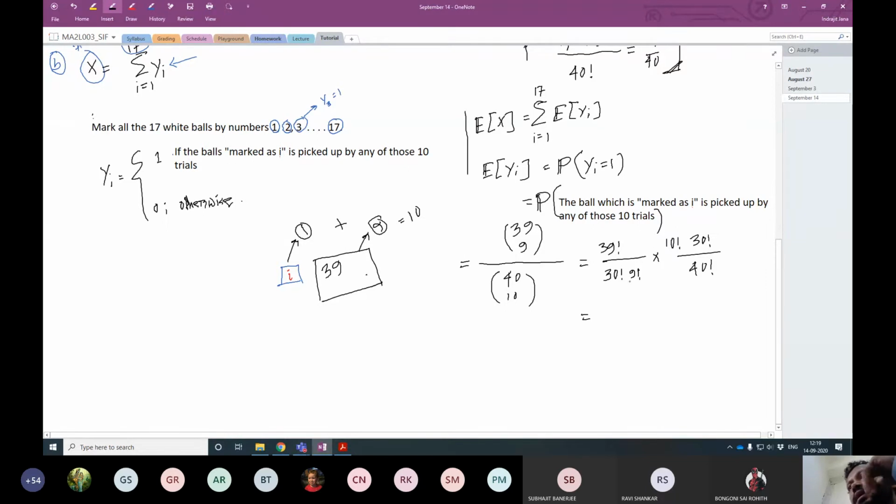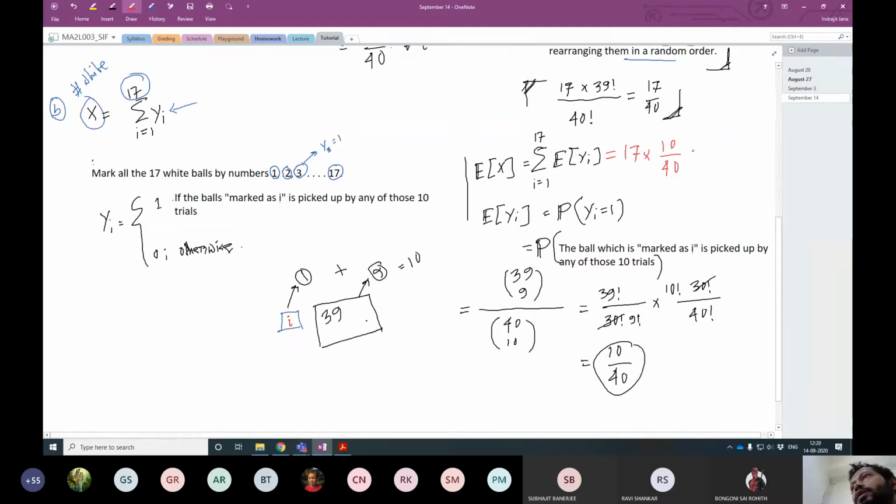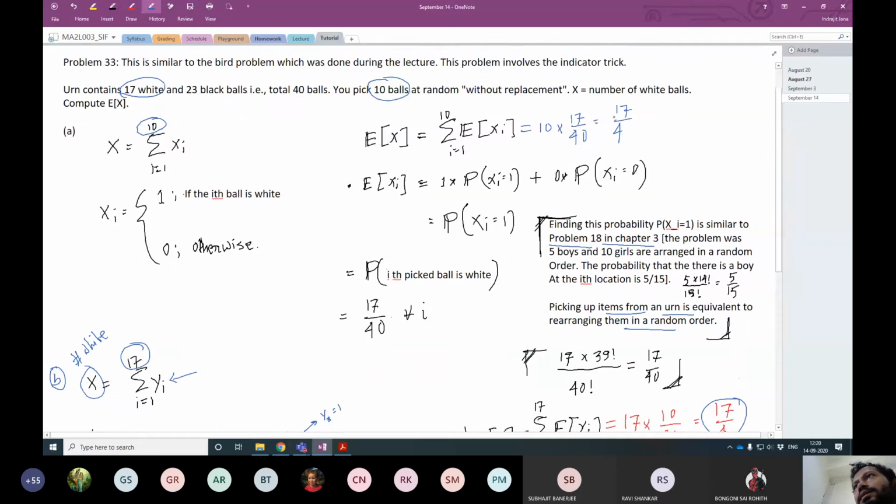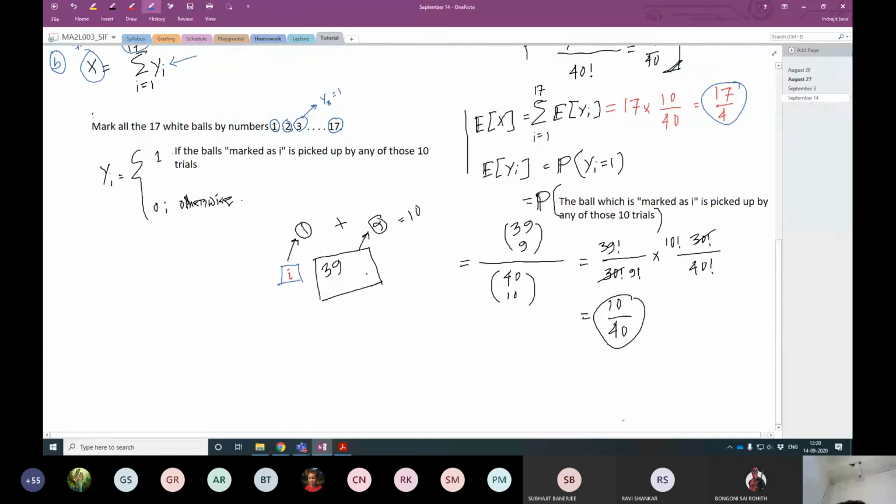If you do the cancellations, it's going to be 10 over 40, which is 1 over 4. Obviously, this is the same as the previously obtained answer.